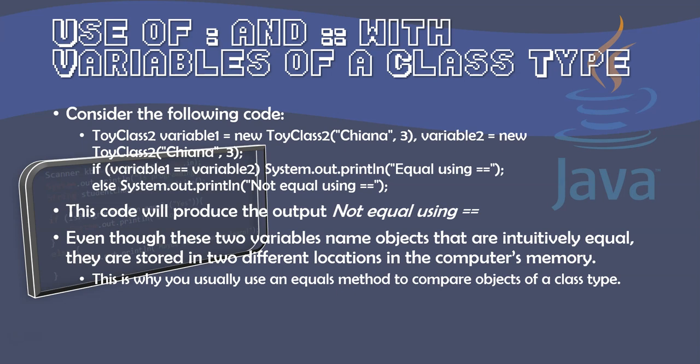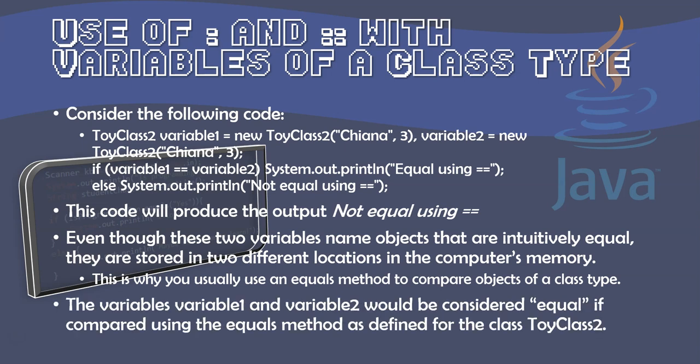Instead, we have to use the .equals method to actually compare objects of a class type. In our example, variable 1 and variable 2 would be considered equal if we were to replace that if statement with the equals method that is defined for the toy class 2.